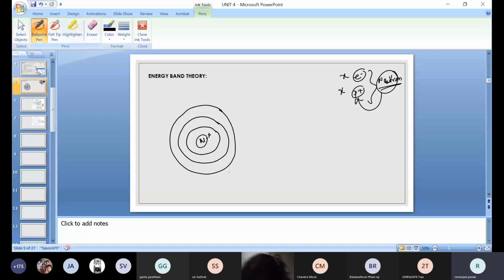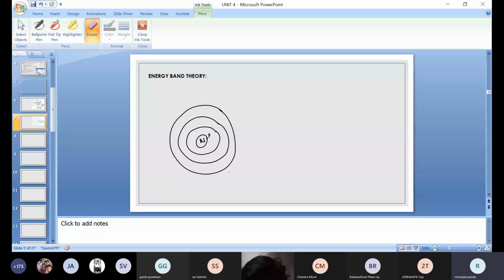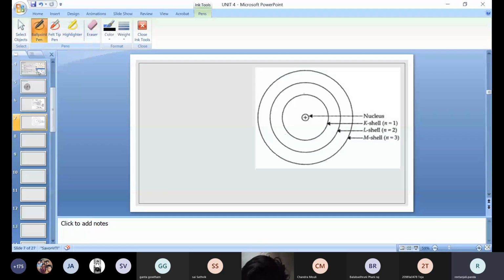To make this understood, the first postulate is saying the electrons are going to move around the nucleus, that is the fixed part. This is the nucleus part. Okay, the electrons are going to move around this nucleus in a fixed orbit, a fixed path. It is following this fixed path.